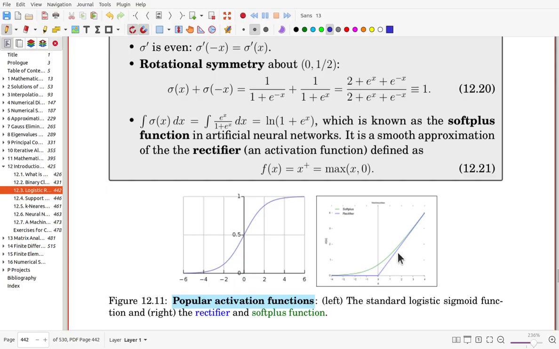That is called the rectifier. And this softplus is a smooth approximation of this rectifier. So we call this one the softplus, the integration of the logistic function. These three functions are very popular activation functions in machine learning.